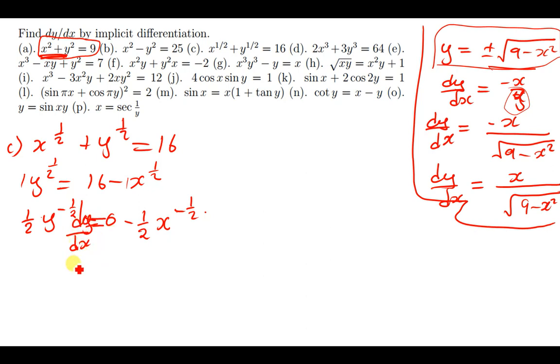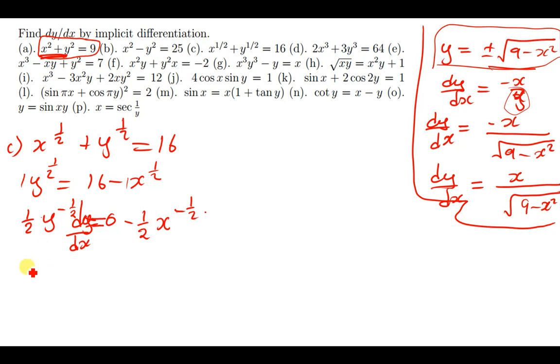When you make dy dx the subject, you are going to divide everything by a half y to the power negative half. Before we can do that, if I want, I can change this first to a normal form.